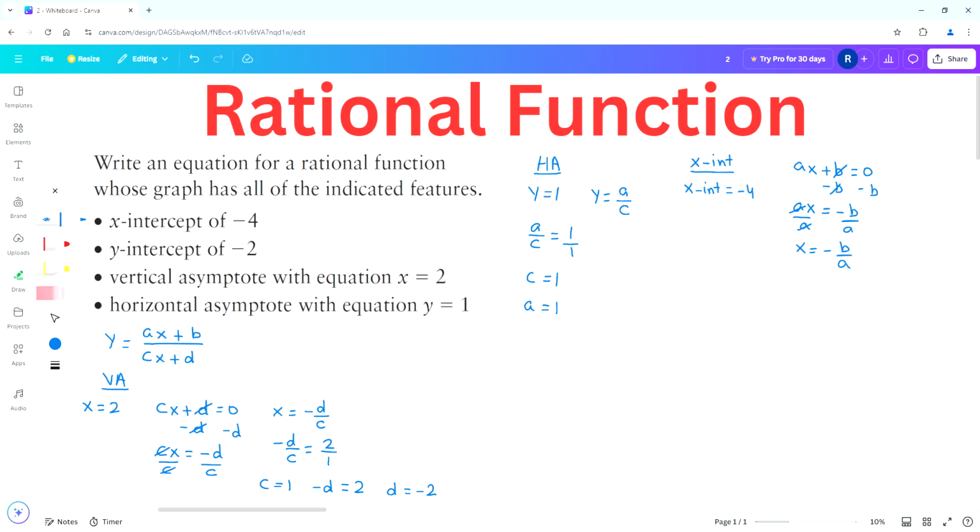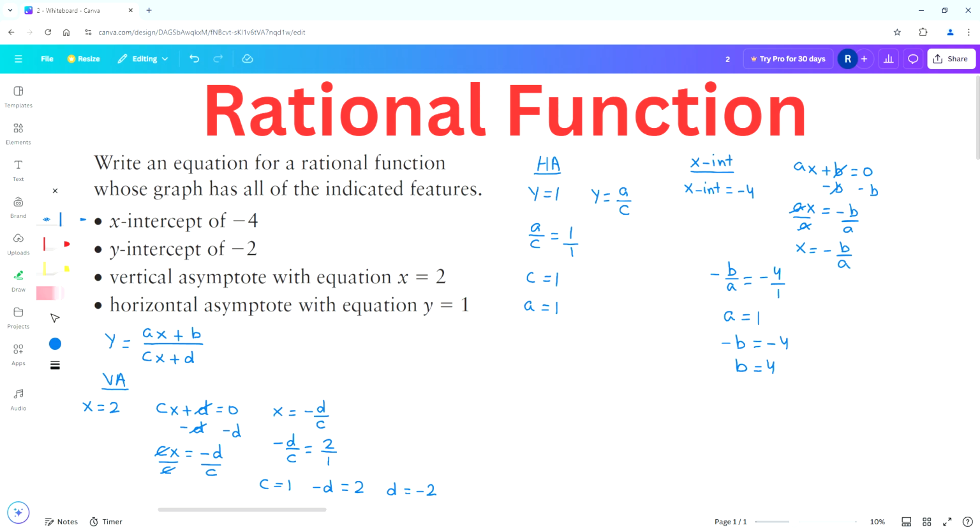The given x-intercept is -4, therefore negative b over a should be equal to -4. The denominator of 4 is 1. So from this equation, we can conclude that a can be equal to 1, which is the value we got from the horizontal asymptote analysis, and negative b is equal to negative 4, which means b is equal to 4.